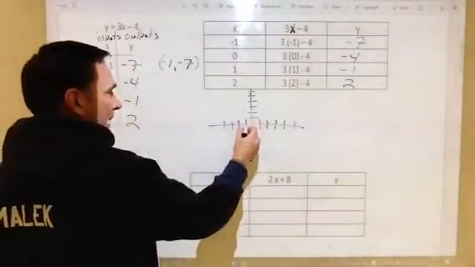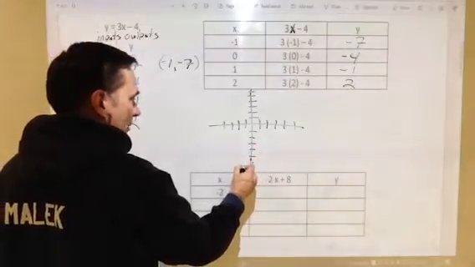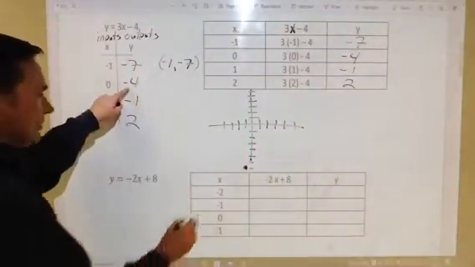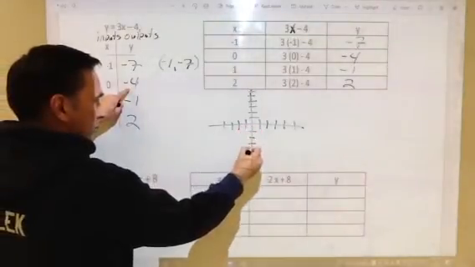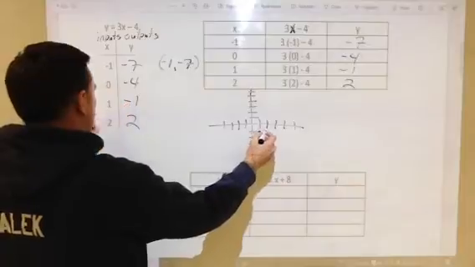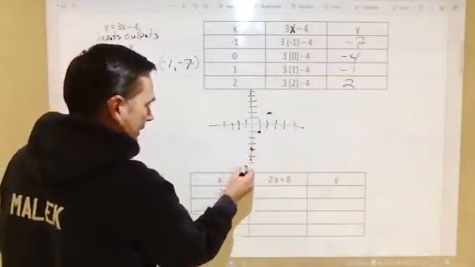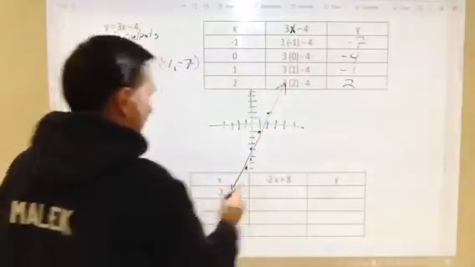So -1 to the left, down 7. So it's going to be about there. 0, -4. Now we have 1, which will go to the right, down 1, which is -1, and then 2, 2. We can see that this is going to form a line.